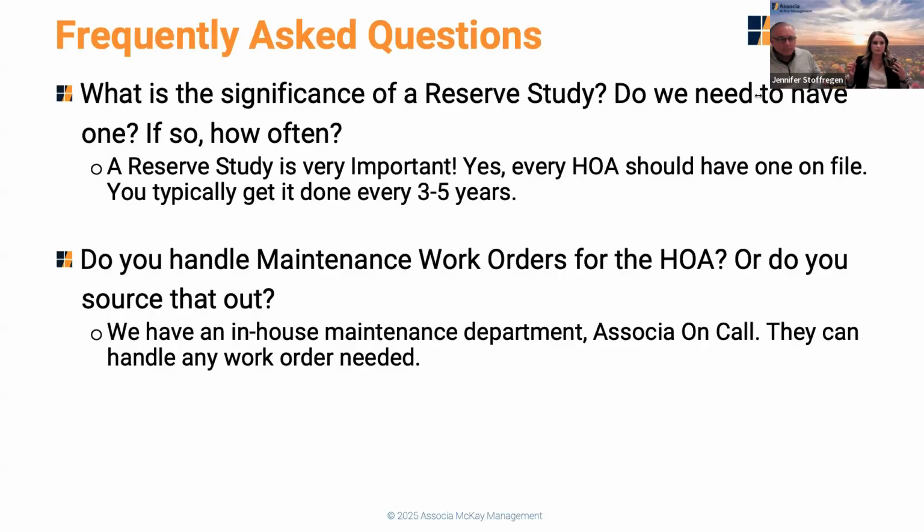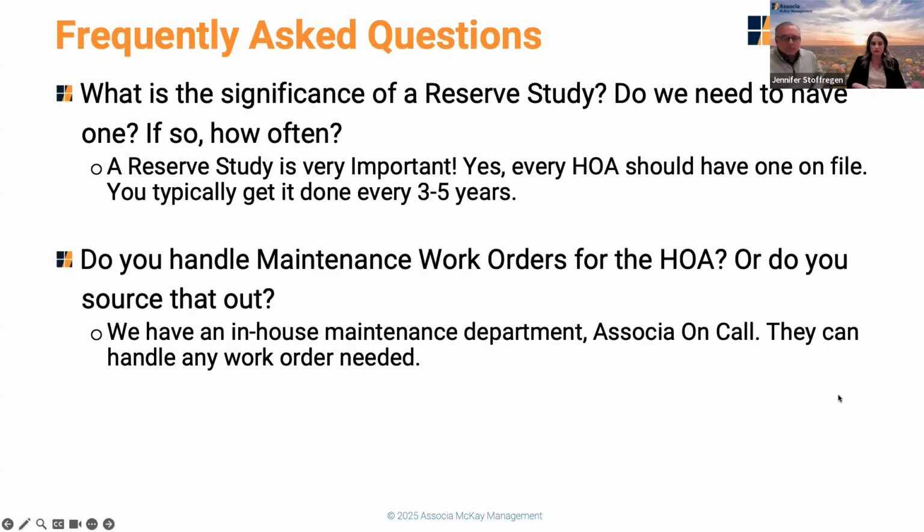It may have a pool, clubhouse, tennis courts, maybe a condo association where all of the homes are connected together and there's a lot of common space there. There's a lot of things that go into that reserve study that you may not really think about or realize is the association's responsibility until something happens and you have to pay to replace or repair it.